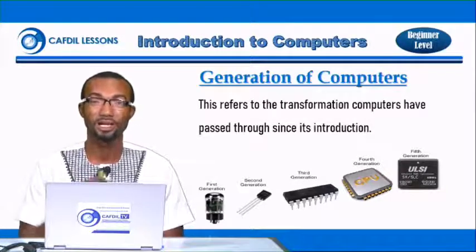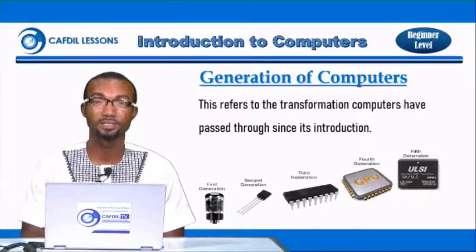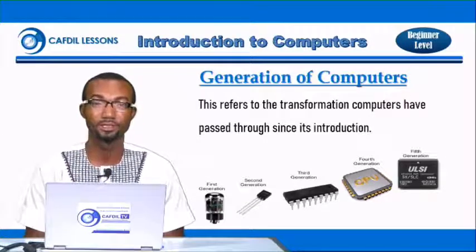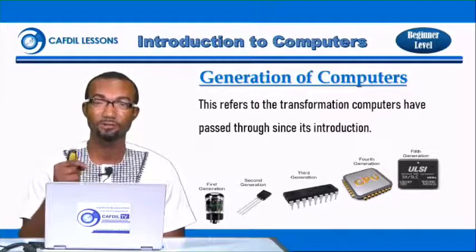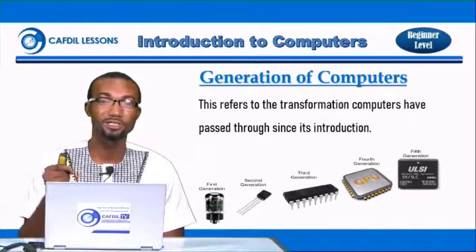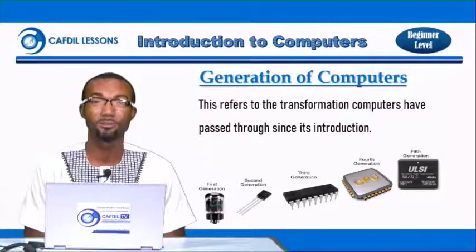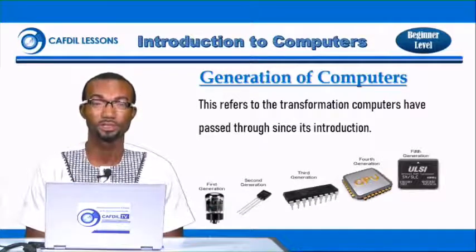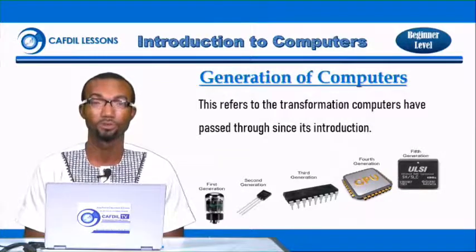What you see there under the first, second, third, fourth and fifth are the technology used by those computers. In this lesson, we are going to look at first and second generation of computers.